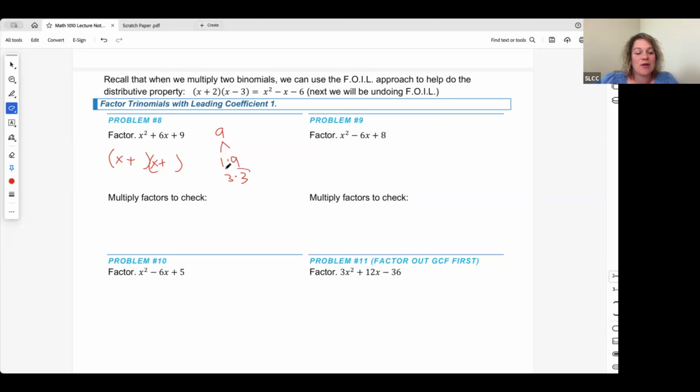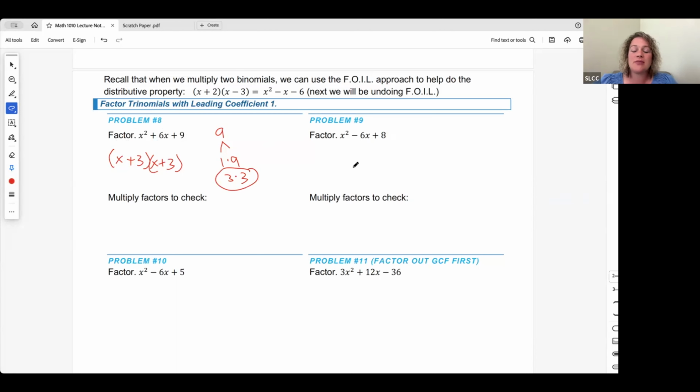I see that 3 plus 3 is 6, so I can use 3 and 3. How do I factor x squared plus 6x plus 9? I notice that a is 1. I notice there's nothing else to factor out as a GCF, so I just form my template and find two numbers that multiply to give me 9 and add to give me 6.